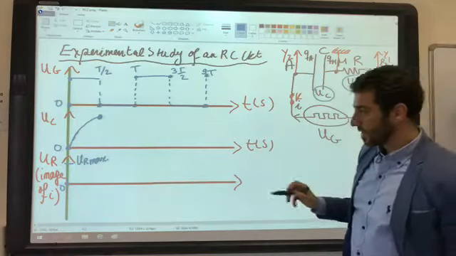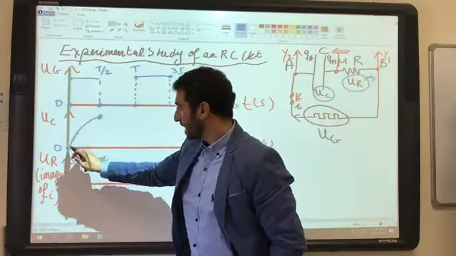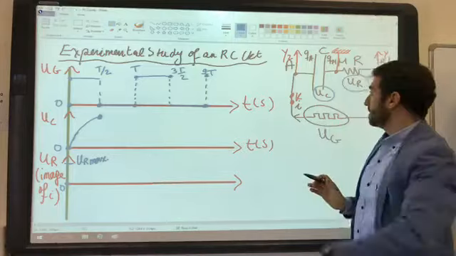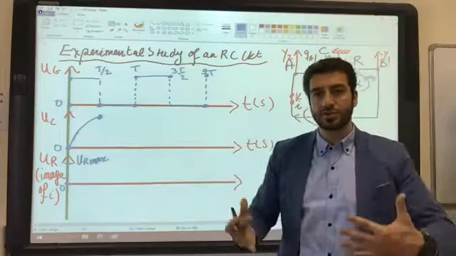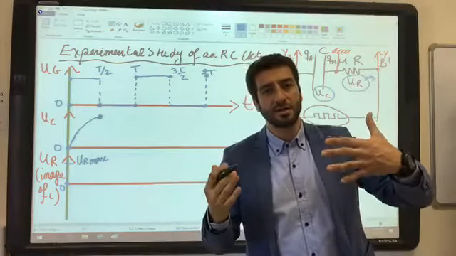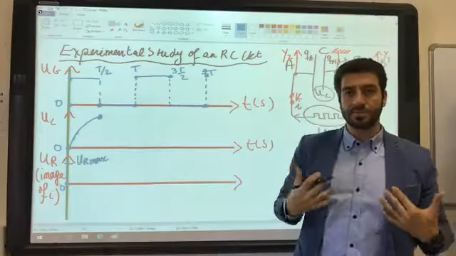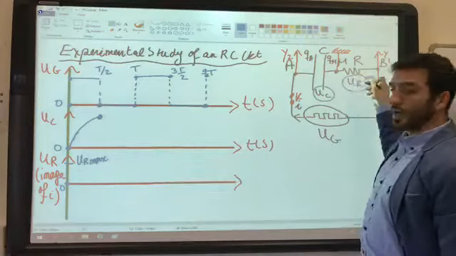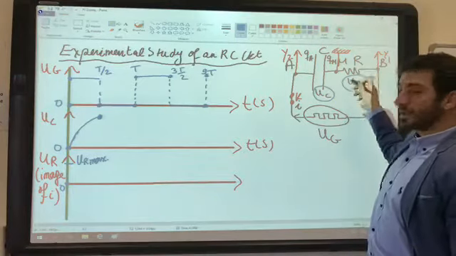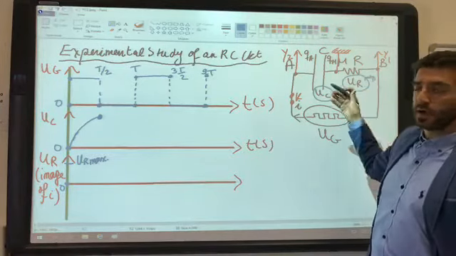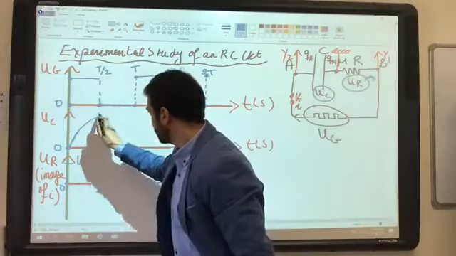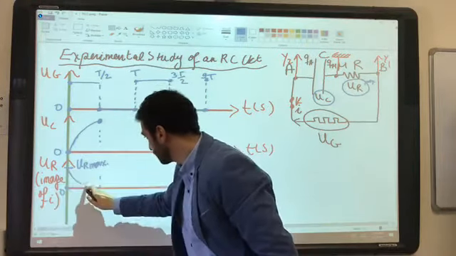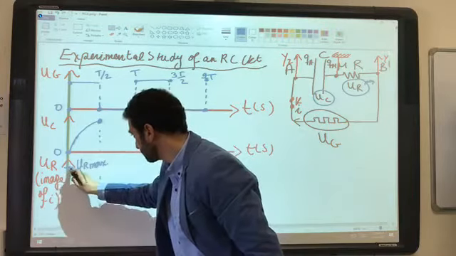When the current arrives at the plate of the capacitor, it will start to accumulate charges. As the capacitor accumulates charges, it won't allow the current to circulate in the circuit, such that U of R will start to decrease. So it will go this way.